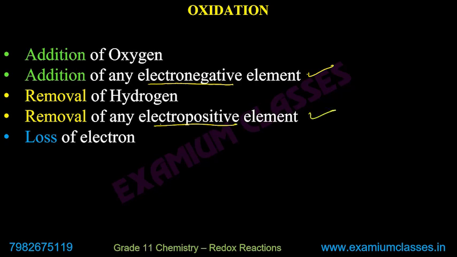The next one is loss of electron is also treated as oxidation. Example is, for example, sodium gets converted to sodium ion and one electron is released. So it lost one electron, it means it is oxidized.